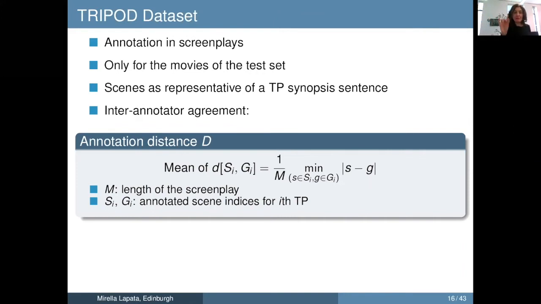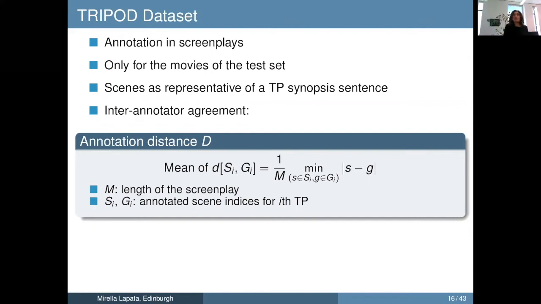The inter-annotator agreement is the mean of the distance between the gold synopsis scene and the annotation that the annotator is doing. Here we take the mean of these differences, and they're normalized by the length of the screenplay.